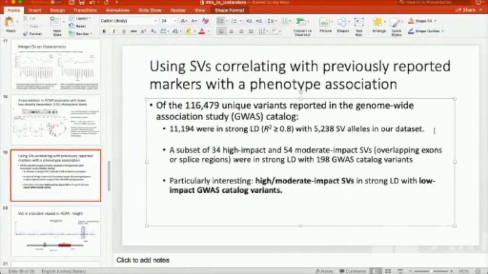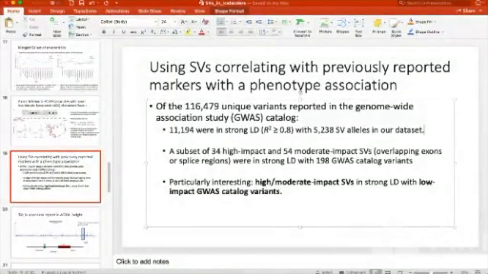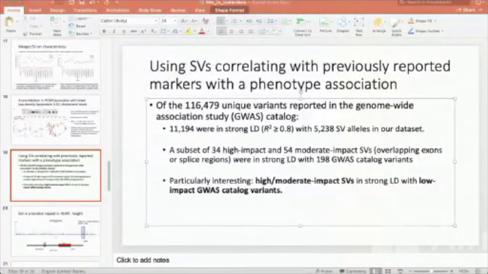Well, obviously, when one is able to detect more SVs, there's always a higher chance of improving that. Or when one is able to find more SNPs or indels, there's also a chance to improve that with whatever set of SVs we have. Also, increasing the sample size would probably affect this. I believe the GWAS catalog variants were generally high frequency, maybe more than 1% or so, so that may not be that useful.